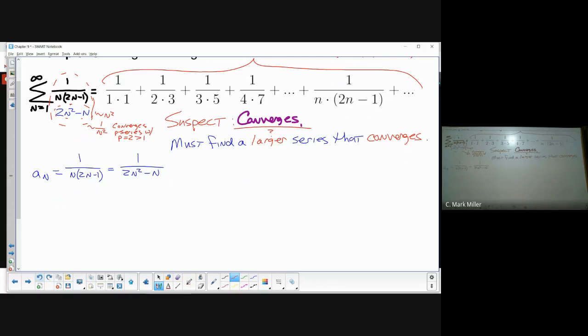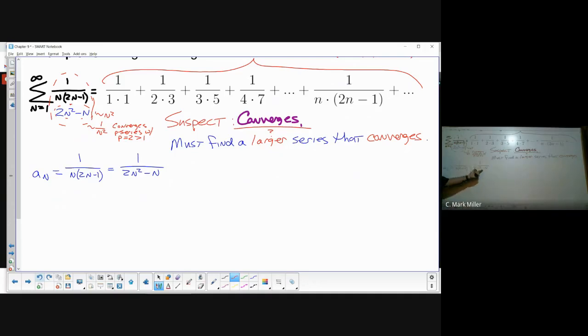So another ninja move, turn this n into an n squared. If I make it smaller, if this is n squared, I'll be subtracting something bigger.